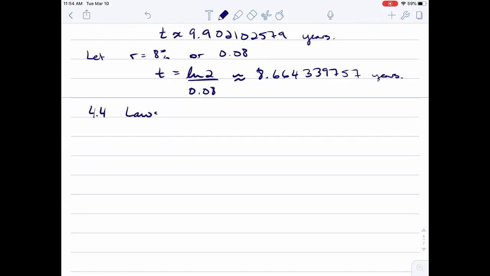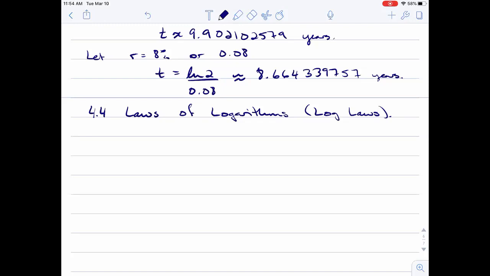4.4 is called the laws of logarithms, or log laws, which is kind of fun to say. So log laws are going to be really important that we just know and use, and know how to manipulate logs to get to what we want.